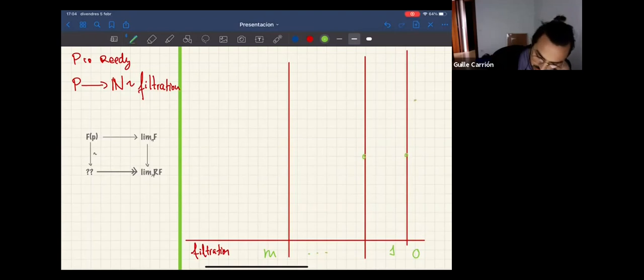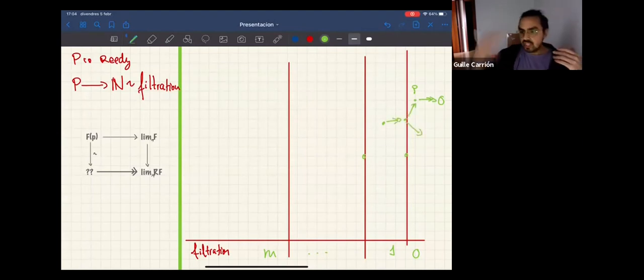So if here we have a P, then the matching object of this P is 0 because the index category is empty. So this map is trivially a surjection. And imagine that we have here another point and the matching map is also surjective.